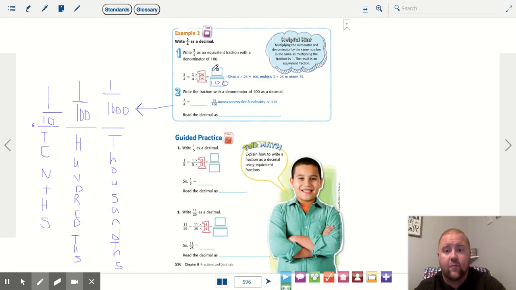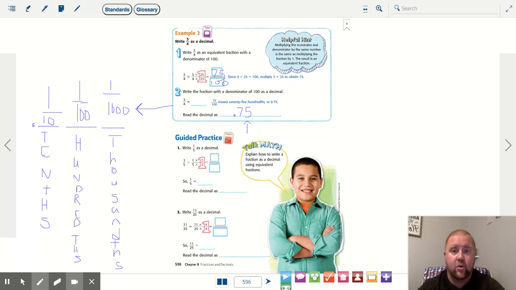Then you have to multiply the numerator by the same thing, 25. So 3 times 25 is going to give you 75. So when we write 75 hundredths, that means 75 ends in the hundredths place. So the decimal is 0.75, because 75 ends in the hundredths place. That's an important way to look at this.